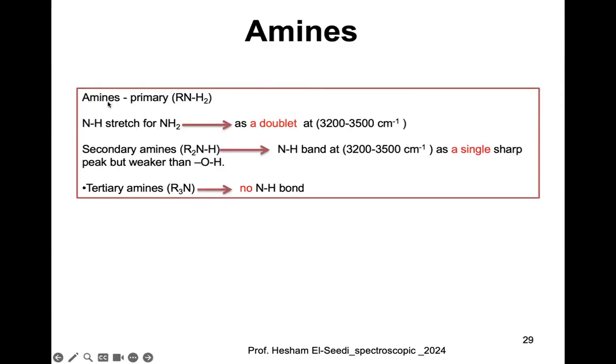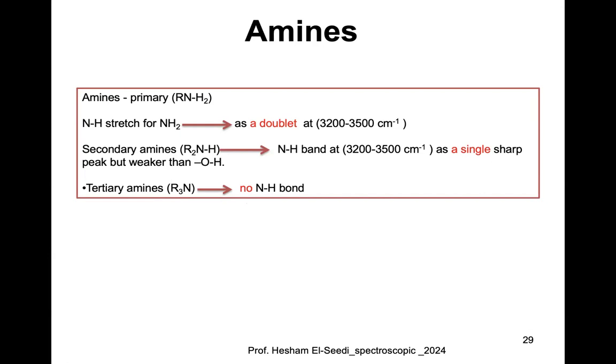What about amines? When it is primary amine, like NH2, it gives 2 peaks in this region. If it is secondary amine, it will give a single sharp peak. If it is tertiary amine, it means no NH, so no peaks. For amines, the characteristic high value is only for NH2 and NH.